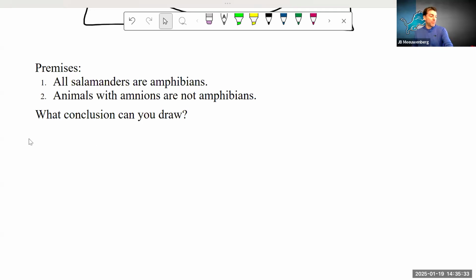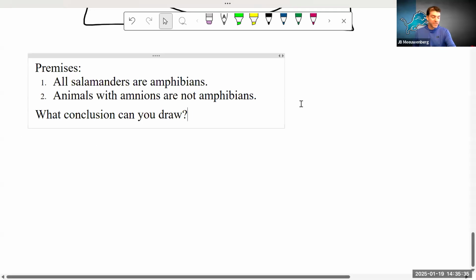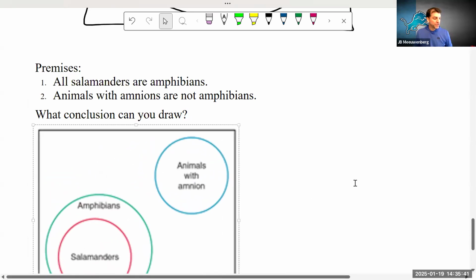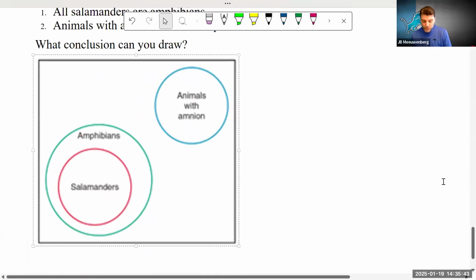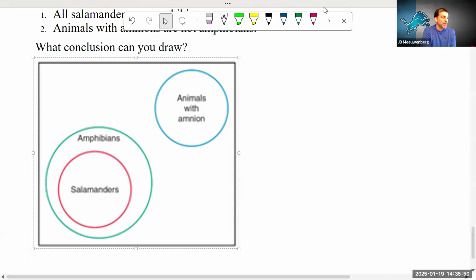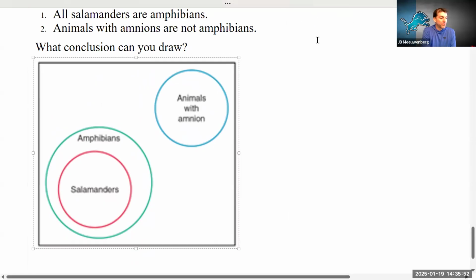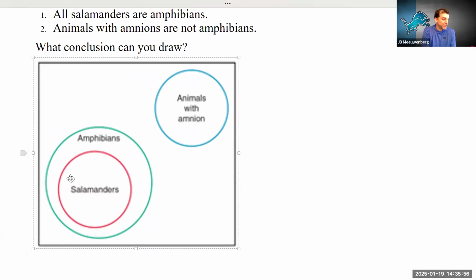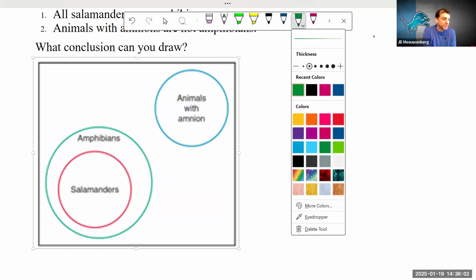What you may have come up with, if you used a Venn diagram, was something that looked like this. I will just copy and paste rather than draw it myself. We stated initially that all salamanders are amphibians, which means that there's this group of amphibians and salamanders are a subset of them.